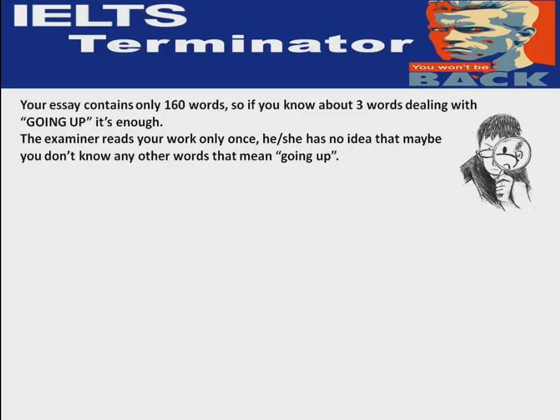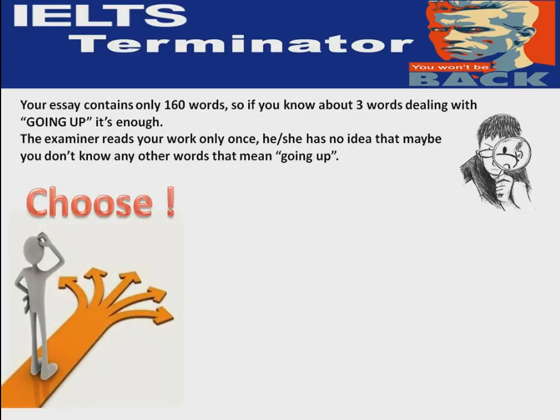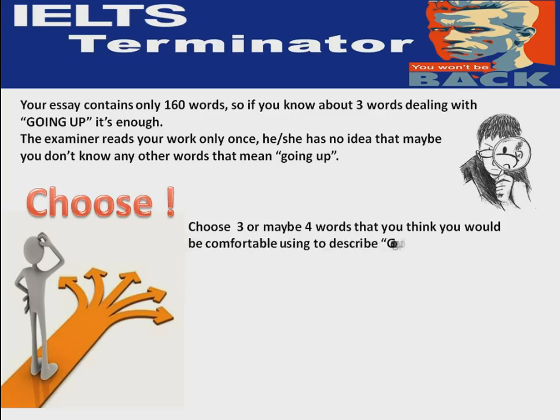So you only need to choose about 3 of them and get comfortable with using them. So choose. Choose 3, maybe 4, that you think you would be comfortable using to describe going up, and let's start building our vocabulary on those few that you choose.